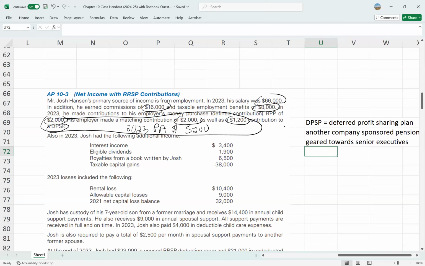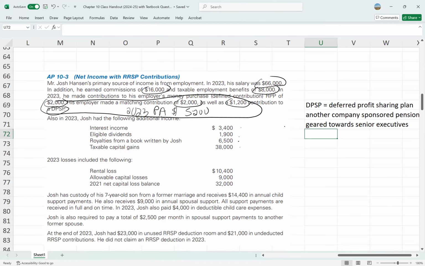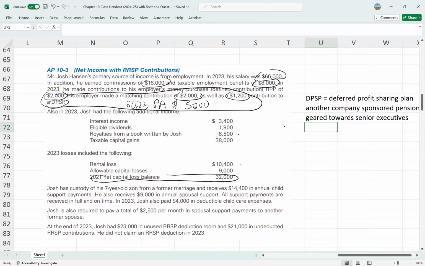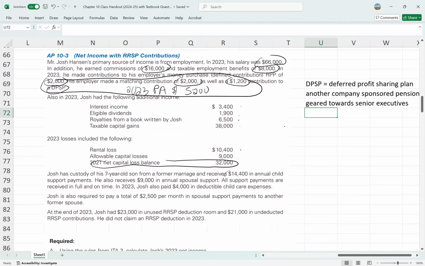So that's why those numbers are important. He also has interest income, dividends, royalties, taxable capital gain, bunch of losses, rental loss, allowable capital loss, also a loss carryover from 2021. He also has custody of his 7-year-old son, and he receives $14,400 in child support payments.